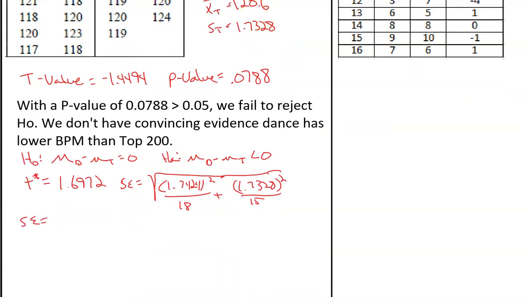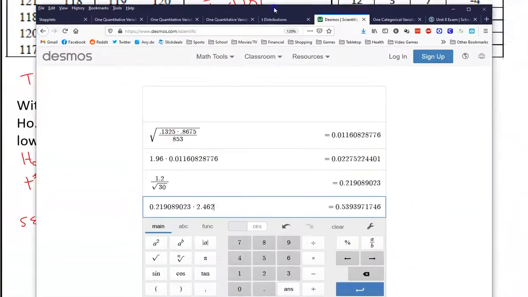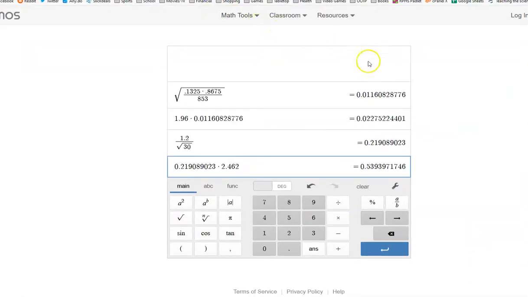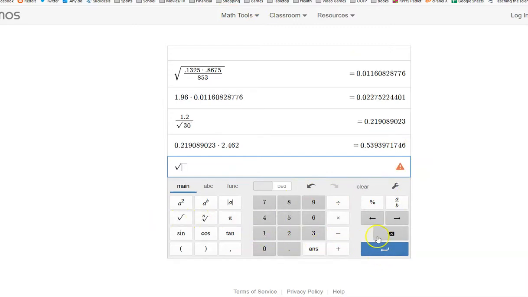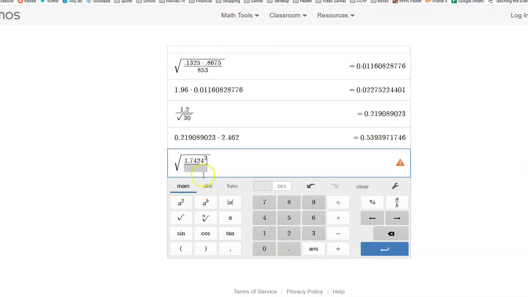So let me bring up the Desmos Scientific Calculator. Let's pull that up. And let's see what we get for the scientific calculator here. I'm going to do square root, and then I'm going to start a fraction like that and get 1.7424, and then this little square button right there, over 18.